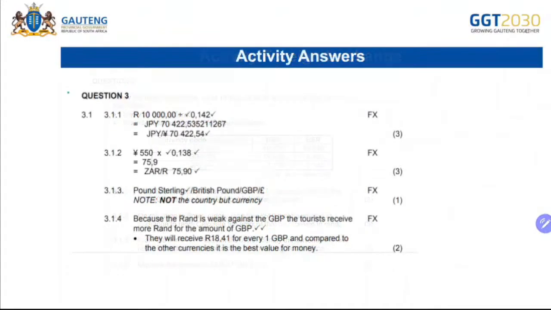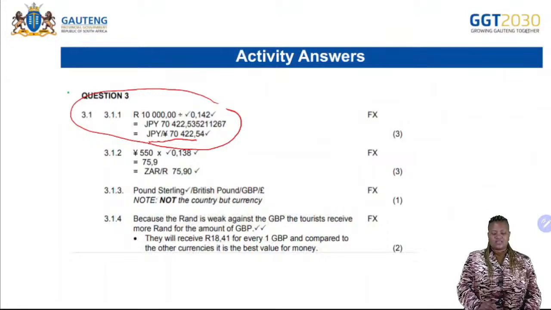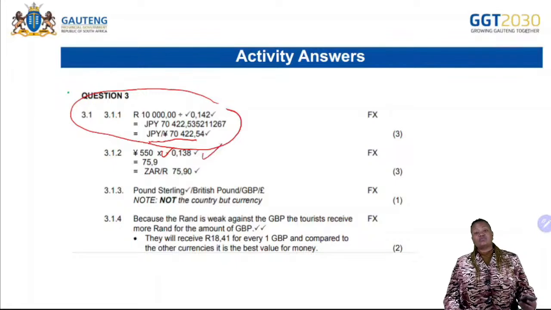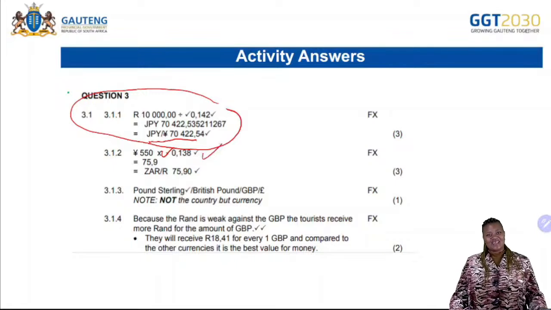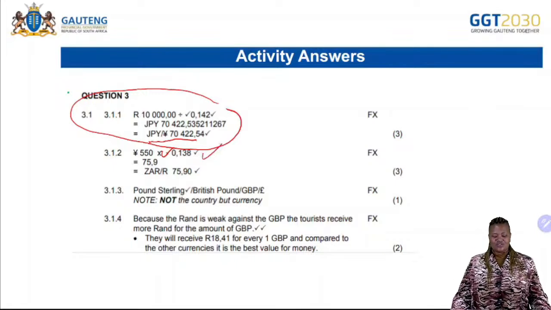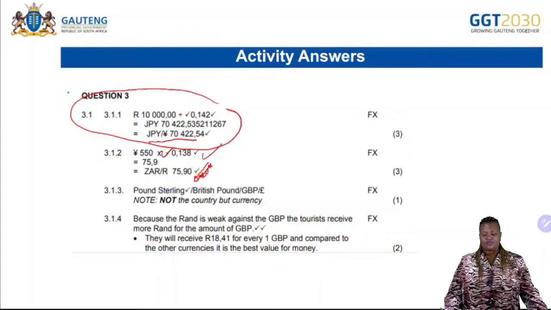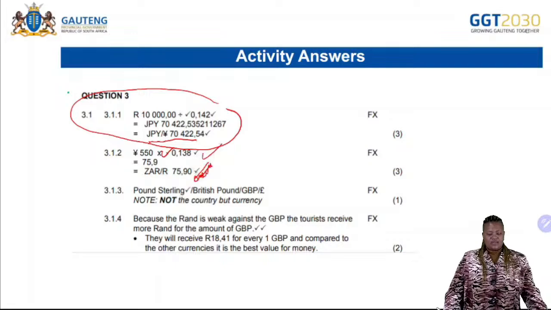R75.90. So if you go to our memo, you will see how marks are awarded. You must always attempt and answer your foreign exchange questions, because even when your final answer is wrong, there will be marks awarded to you in between for following the correct steps.